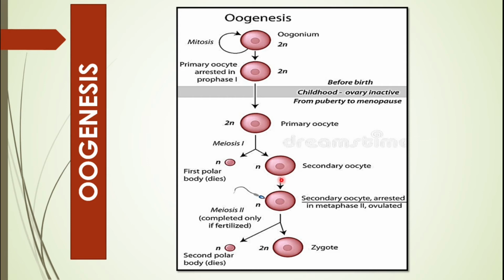So let us see what happens. The secondary oocyte undergoes meiosis 2 and is kept in a suspended state until and unless there is fertilization.